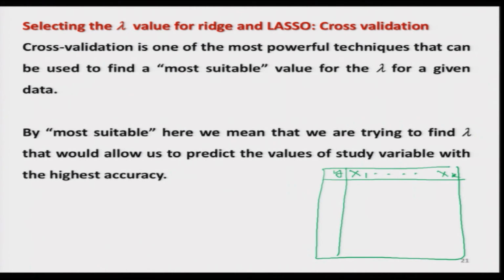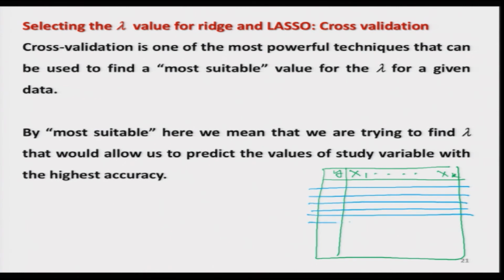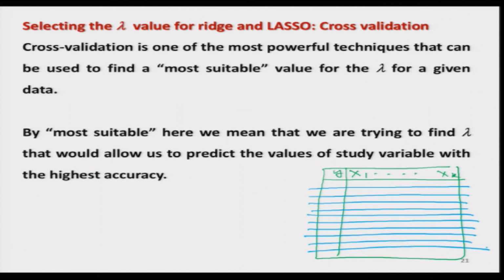So what we try to do is divide this data into several parts. For example, I can divide this data into, suppose, 1, 2, 3, 4, 5, 6, 7, 8, 9, 10. Now I will try to divide them, for example, 8 is to 2: 8 parts in one group and 2 parts in another group.